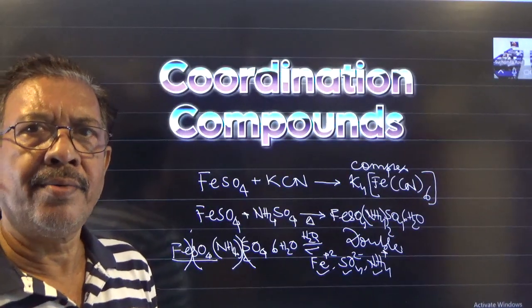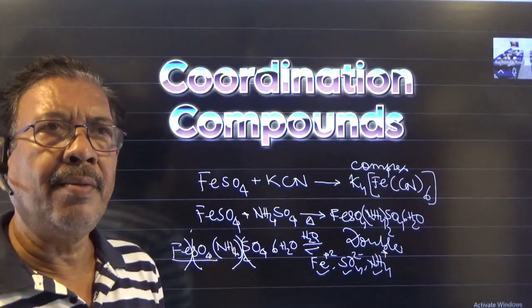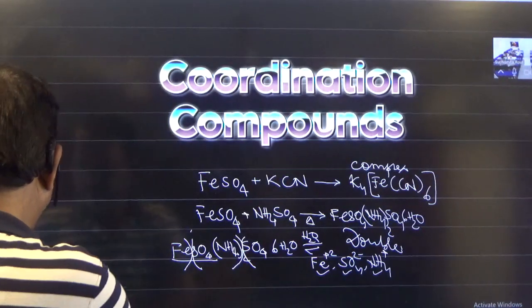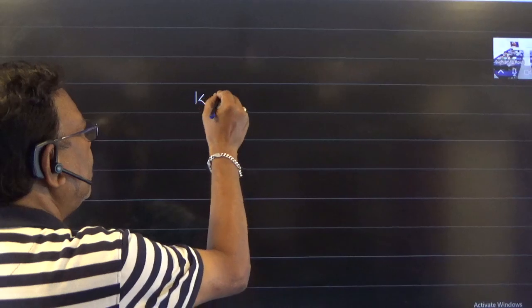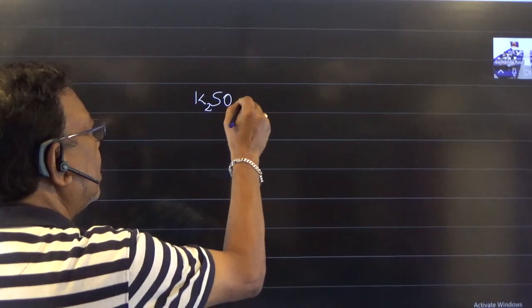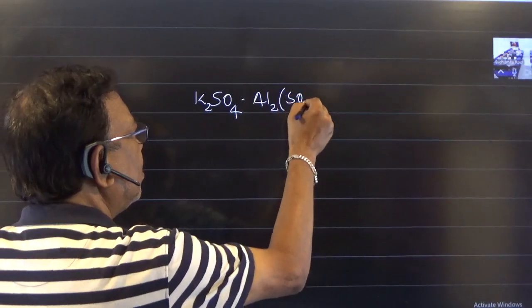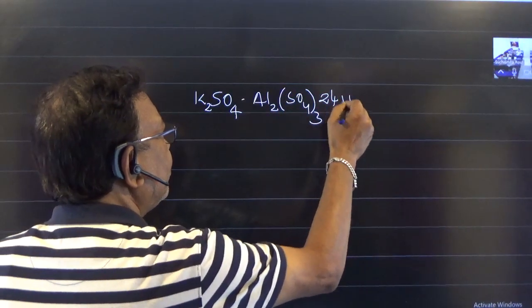Could you follow or not? Yes, sir. Okay. Similarly, potash alum, the formula is here K2SO4, Al2(SO4)3, dot 24 water.